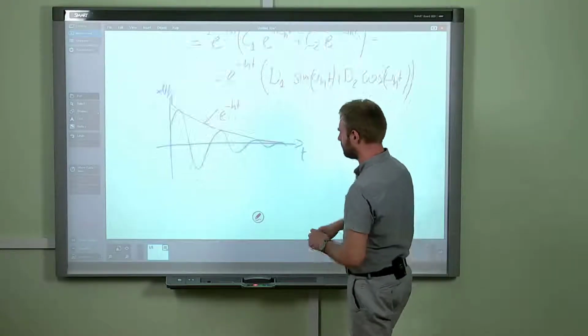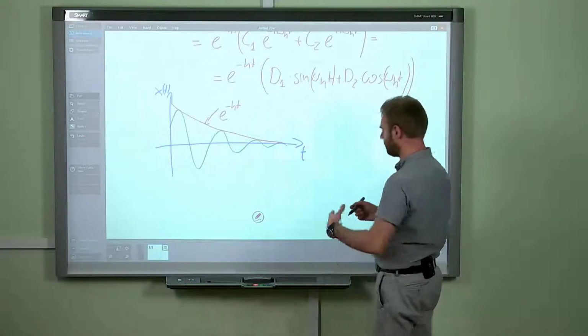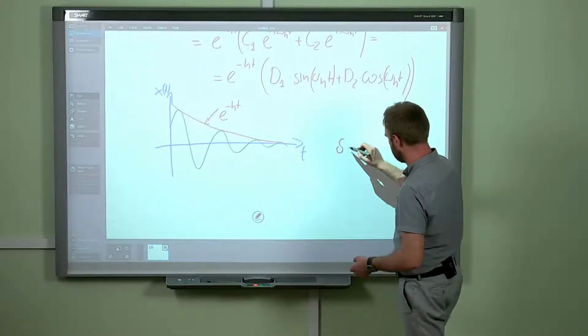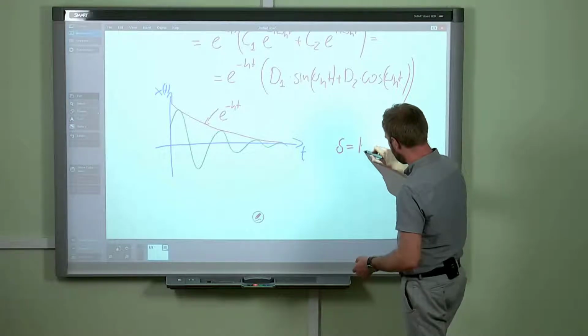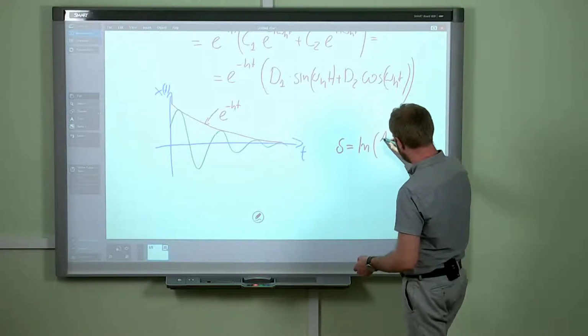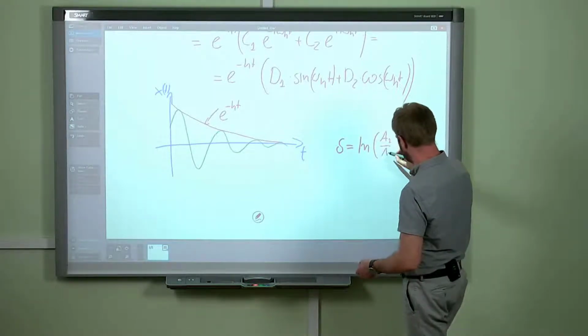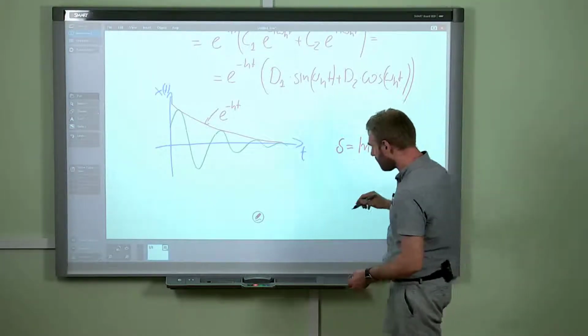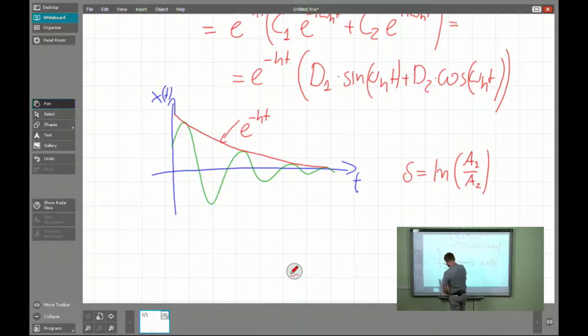Okay, and what will be that measure which I mentioned previously? The logarithmic decrement, let's say delta, will be the natural logarithm of the ratio of two amplitudes, A1 and A2. We are taking that amplitude A1, and we are taking the next amplitude A2.